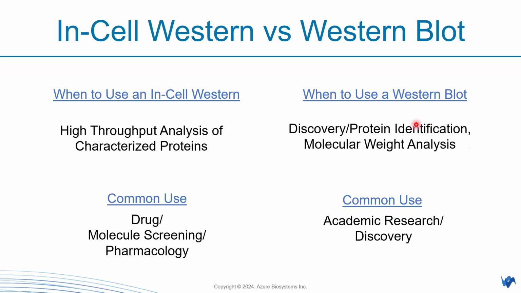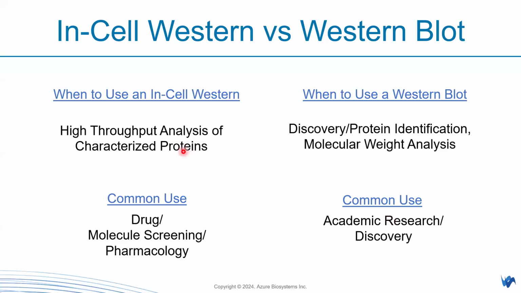So this is more like a discovery and characterization analysis, and for that you will use a Western blot, or for something that does not require high throughput analysis. It's commonly used in academic research or discovery of any novel proteins or modifications on the proteins. So that will be the Western blot side. But if it is going to be high throughput, that will be in-cell Western.